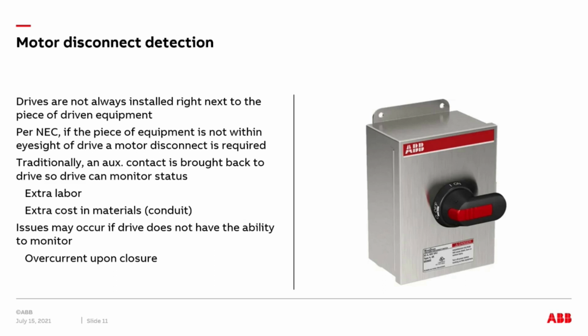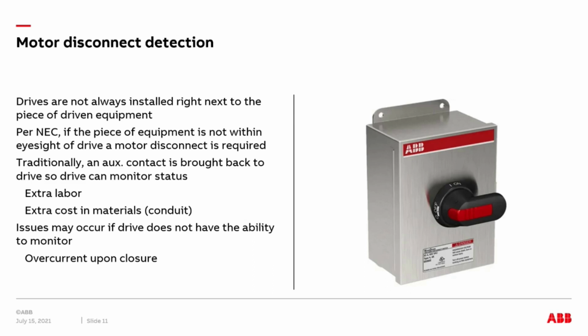Traditionally though, when we install that motor disconnect, an auxiliary contact is brought back to the drive, so the drive can monitor the open or closed status of that disconnect. Well, when we install this motor disconnect, some extra things have to occur. We have extra labor to install that disconnect, and then we also have extra costs and materials.